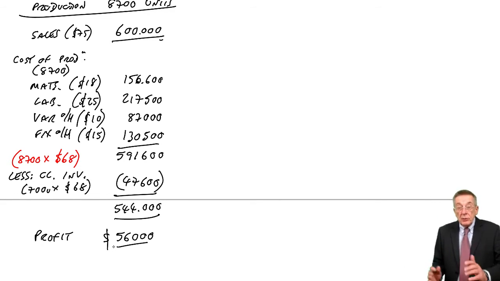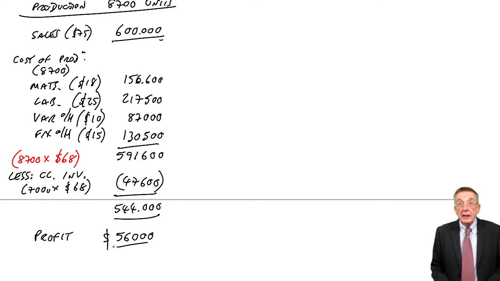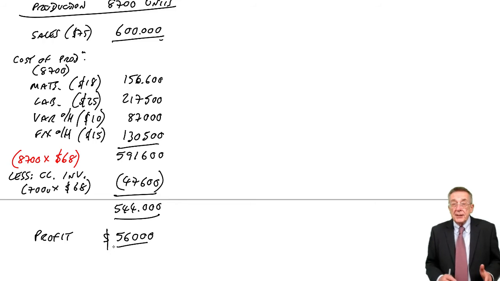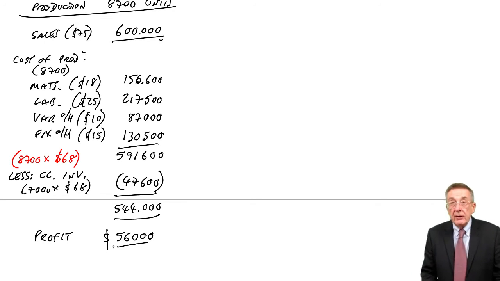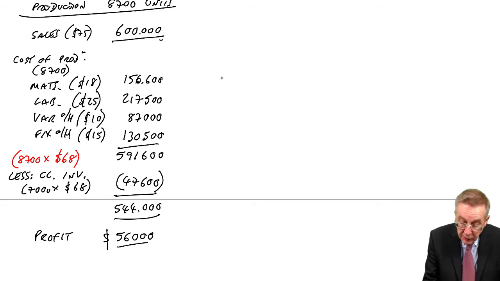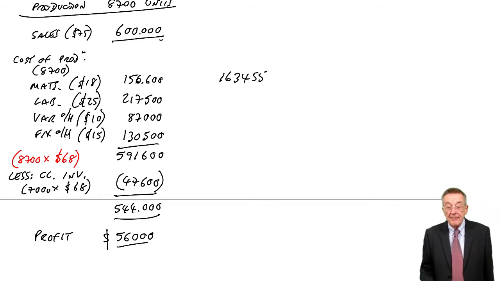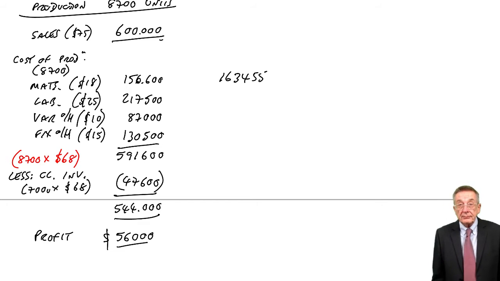We know what the actual results were. And remember, what we're trying to do is compare actual with budget and see if we've overspent or underspent. But to compare as they stand, if you remember, it'd be silly. For instance, the actual expenditure on materials is 163,455 if you look at the question. We only budgeted on 156,600.